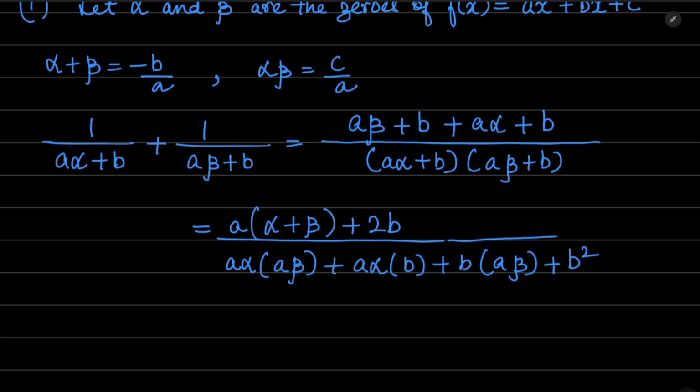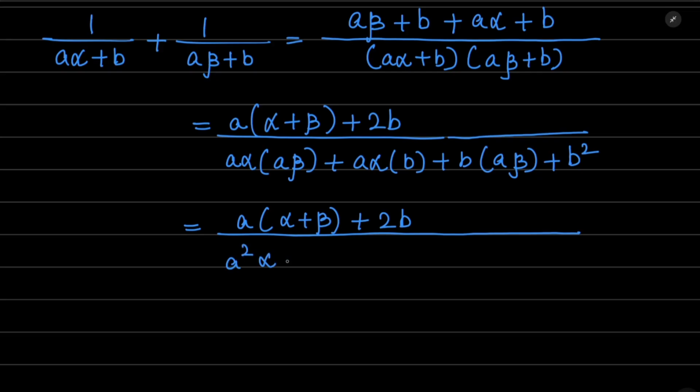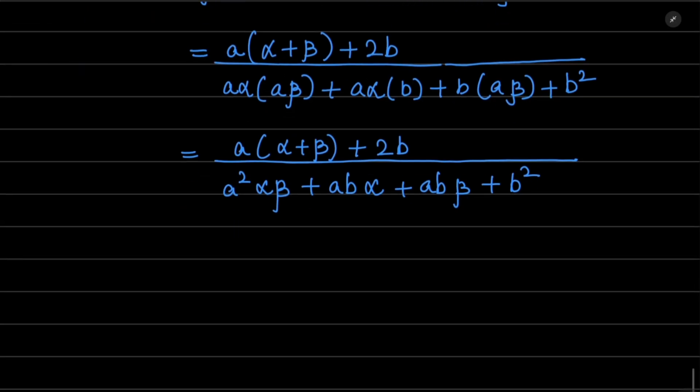Okay, so this is what you have multiplied in your denominator. So the numerator remains as it is, a multiplied by alpha plus beta, because we know the sum of the zeros, plus 2b whole divided by, now let me multiply. So this will be a square alpha beta plus ab alpha plus ab beta plus b square, right?